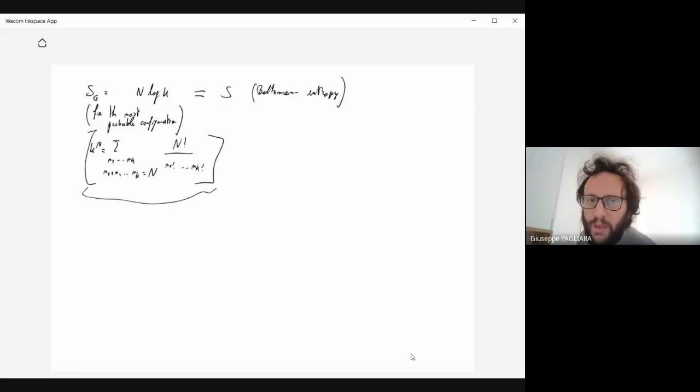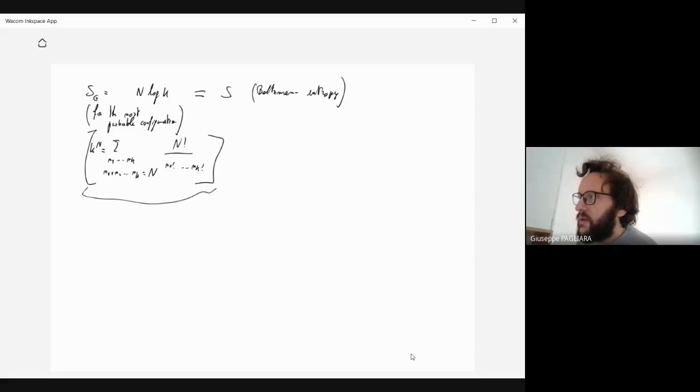Namely the Boltzmann entropy, which is KB log of all the possible configurations compatible with my thermodynamical equilibrium, can be computed by just considering the most probable configuration, without considering all the possibilities. This is a very interesting result, because that means also that the most probable configurations will occupy basically the big part of the phase space. What the phase space is, we will see in a few lectures.